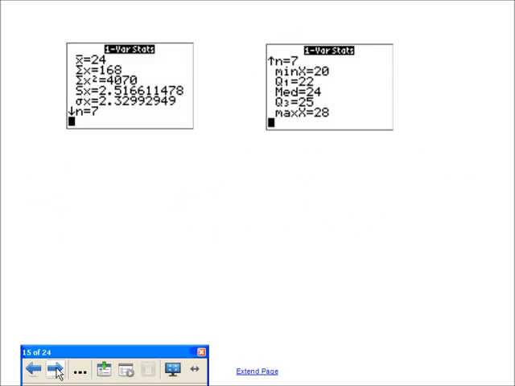And if you do that, lo and behold, look what we get. The average is 24, and the standard deviation is 2.3299, which is, I said 2.33. I think we're close enough. If you needed to do anything else, like say a box and whisker plot or something else, you will notice that it will also give you the minimum, the first quartile, the median, the third quartile, and the max.